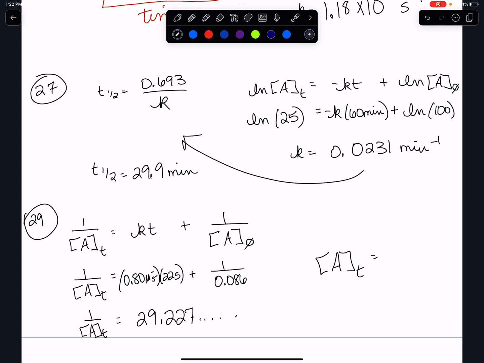And the reciprocal of that is 0.0342 molar. That's 29. And 31.